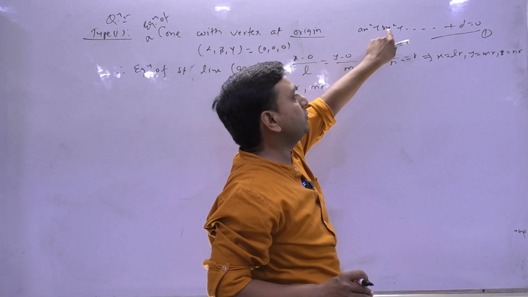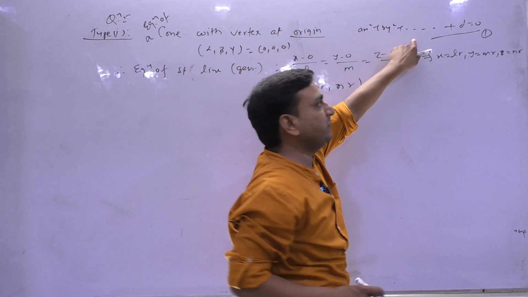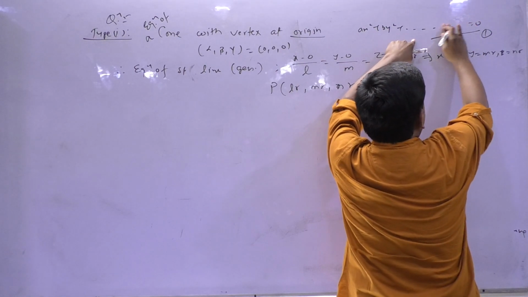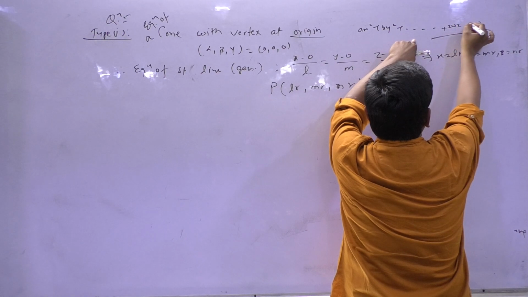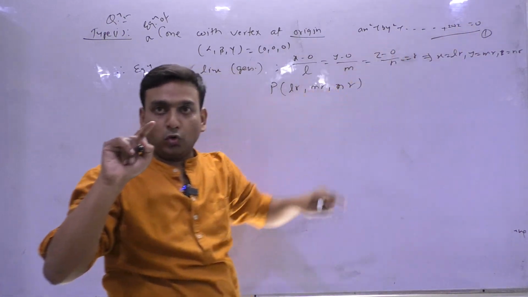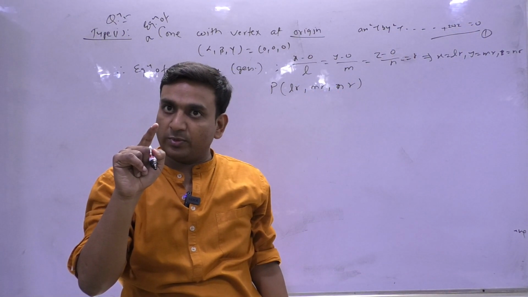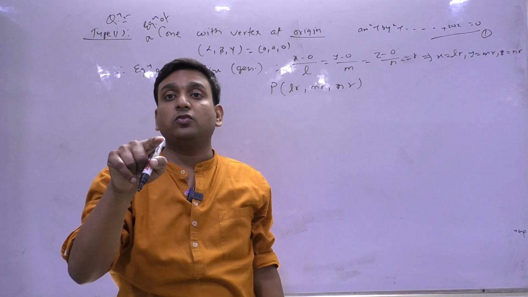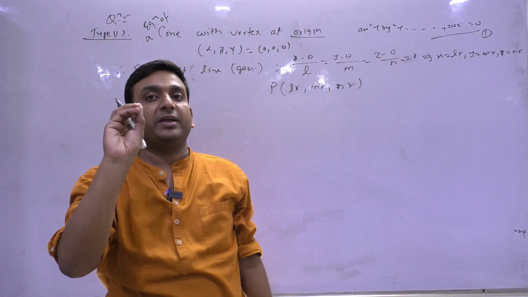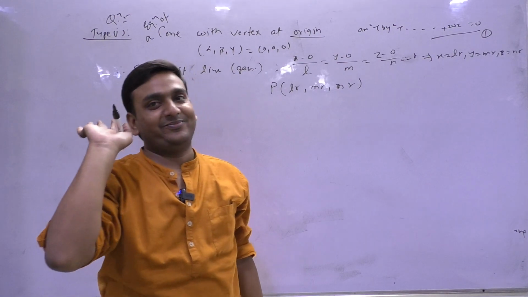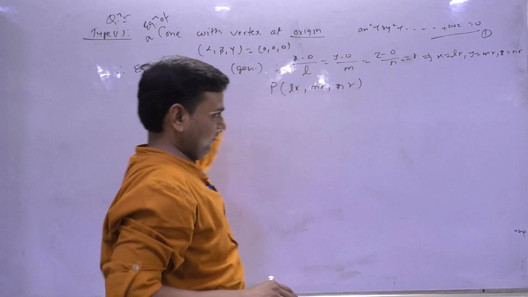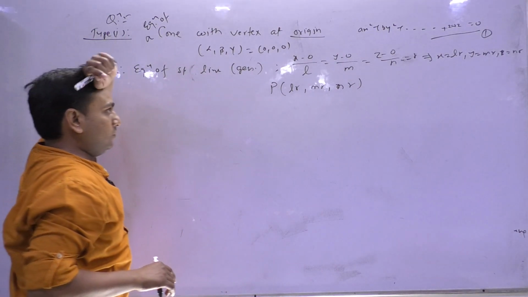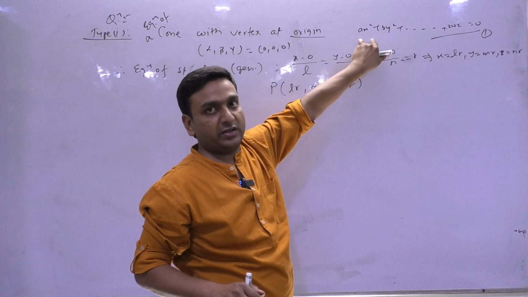So take x equals 0, y equals 0, z equals 0 in this equation, and we will get d equals 0. So a cone having the vertex at the origin will not have any constant term, because d will be 0 on putting x, y, z as 0. So this is the equation with us.